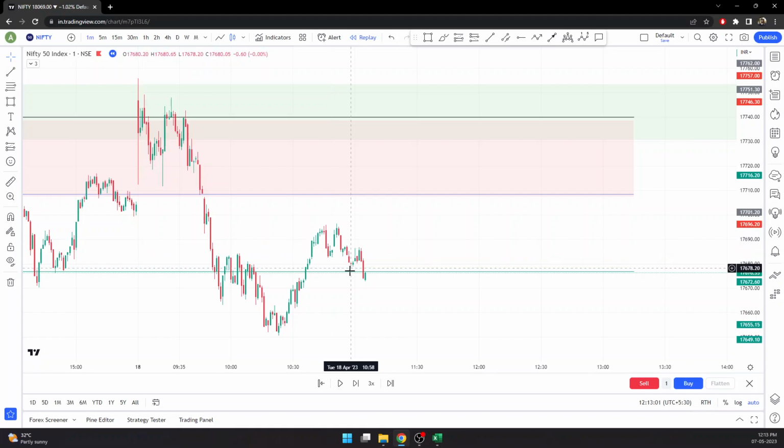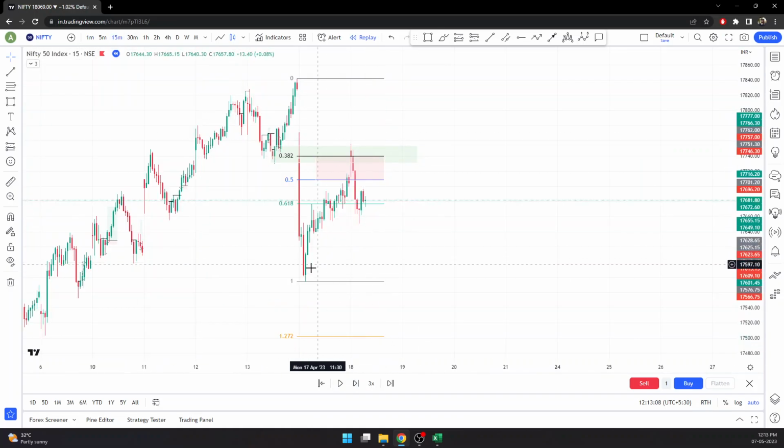Strong buying with small swings. If the market comes back to this particular level, we want the market to break these lows at least, in order to confirm that this is the lower high, with lower high and lower low.